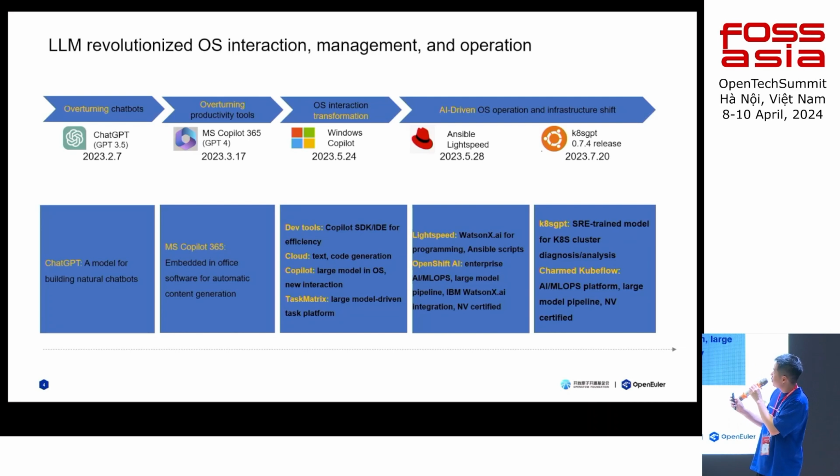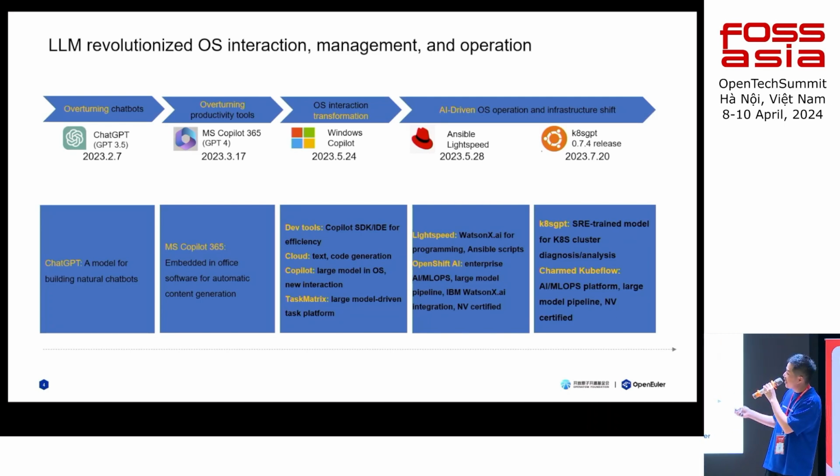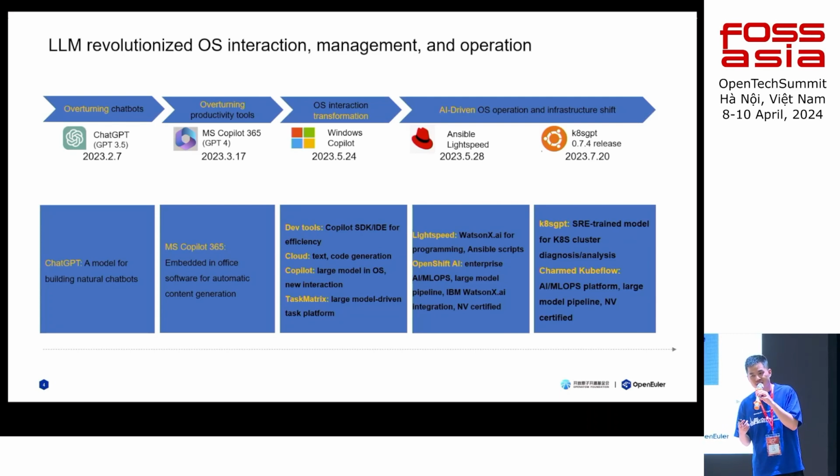And then Microsoft released its Copilot 365 that brings AI technology into our daily office tools. And then Microsoft released the Windows Copilot. Windows Copilot is overtaking the OS interaction, maybe using the sidebar to interact, replacing the UI interaction from before.